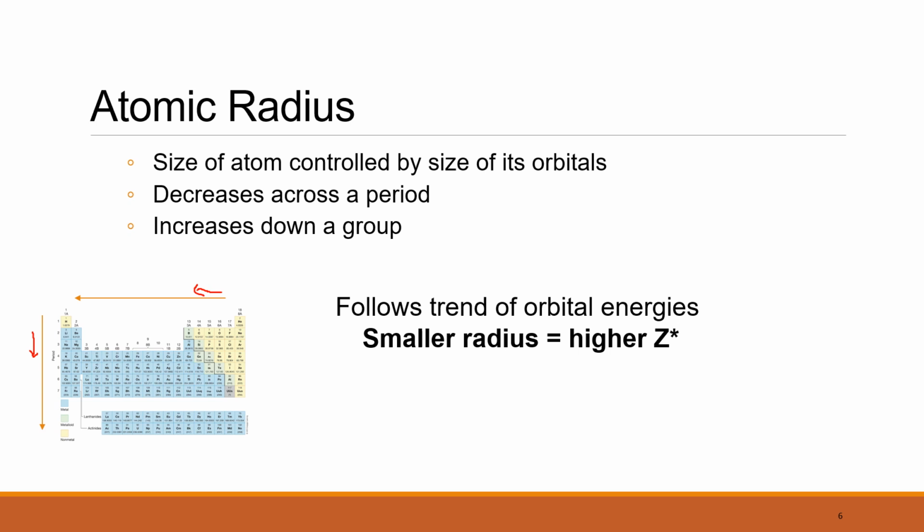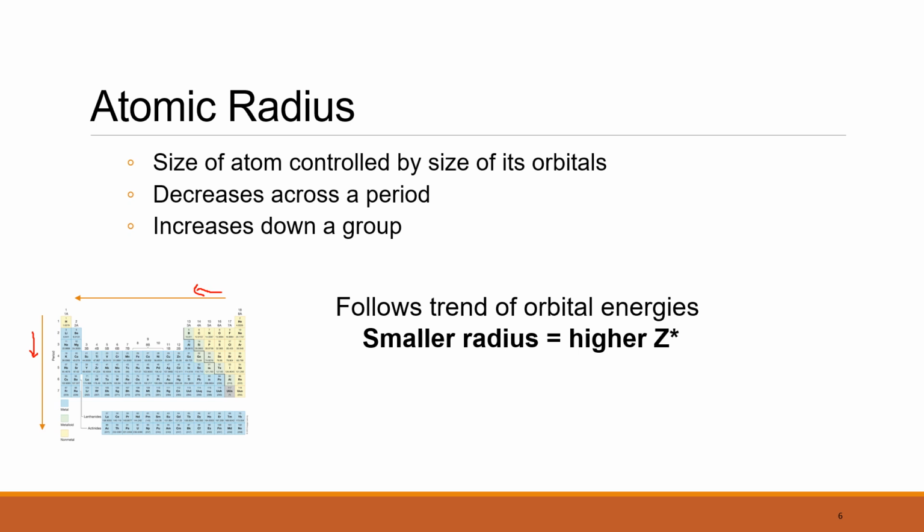Well, the lower the orbital energy, the tighter the electrons are held, right? Those electrons that are held really tight can really feel that positively charged nucleus and are attracted to that. Those are going to have a smaller radius because they're more attracted to that positively charged nucleus. They can feel it more, so they have a smaller radius.